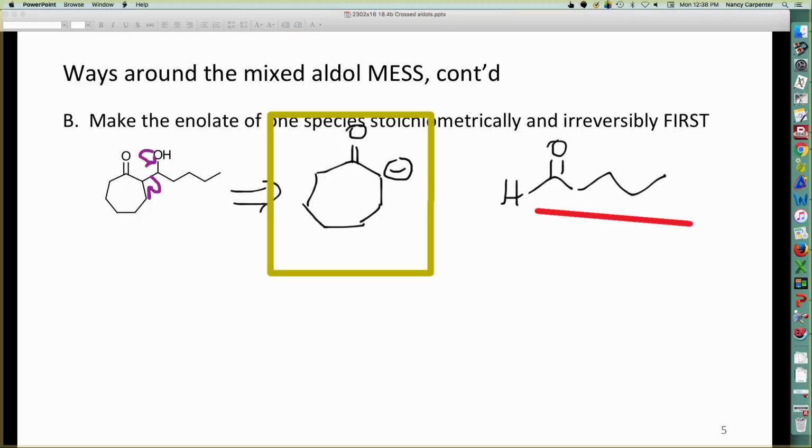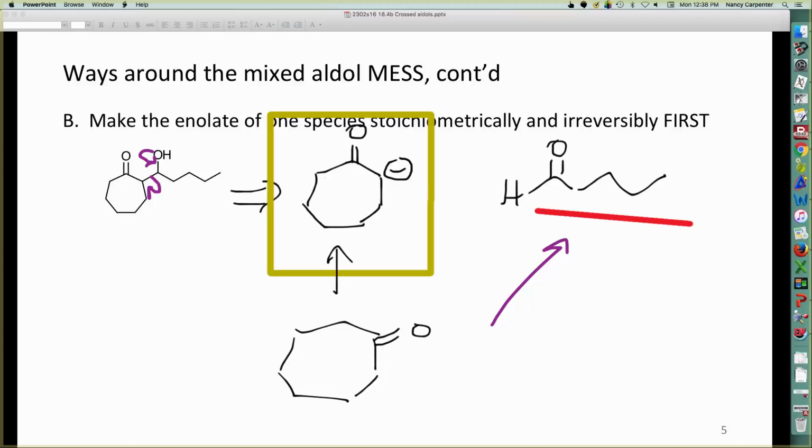Well, it's not impossible. For example, I just make sure that I have my cycloheptanone in my beaker and carefully add my base so that as the enolate is formed, it's just sitting there and not reacting with anything. And then I can add that enolate to this aldehyde and control the reaction that way.